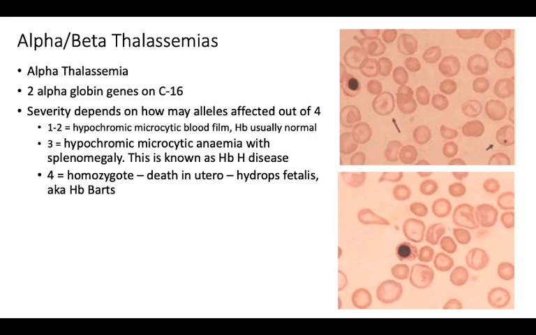However, if you have all four of your alleles affected, you will be a homozygote, and this state is incompatible with life, and the fetus will develop hydrops fetalis and will probably die in utero.